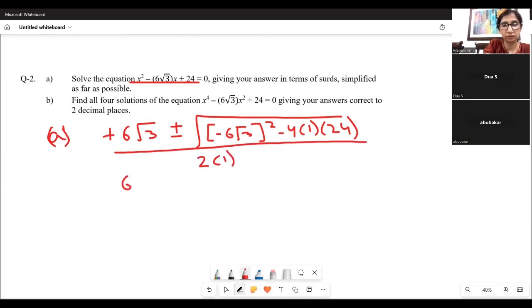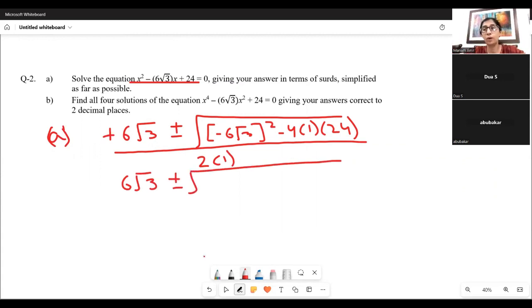So we're getting 6 square root of 3 plus minus, inside the square root, let's square minus 6 under root 3. You can just ignore the negative sign, because if you square a negative value, it's a positive value. So I've entered minus 6 square root of 3 in the calculator. I'm squaring that, I get 108. 108 minus 4 times 24 is 96 upon 2.